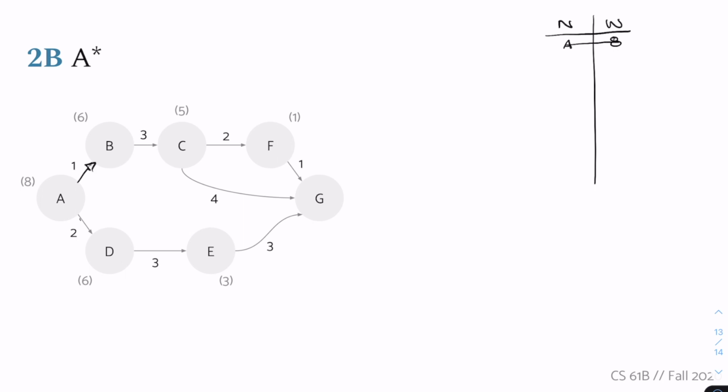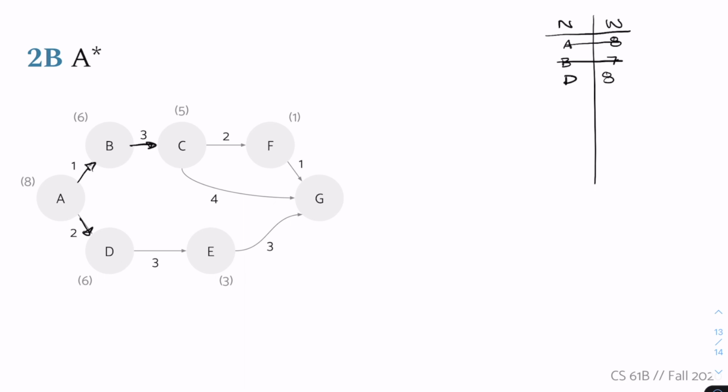and we're going to add both of its children. So we're going to sum up 1 and 6 to get B, 7, and 2 and 6 to get D, 8. And then now that we've done that, we're going to pop, obviously, the closest item off the list.